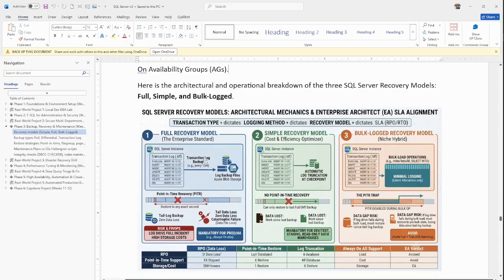That's how you are going to recover the data here. This will be on your full recovery model. Then you have the simple recovery model, which will be cost effective. Based on the cost, we will be looking at that solution here.